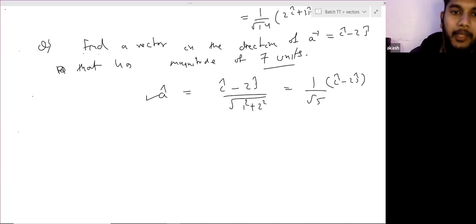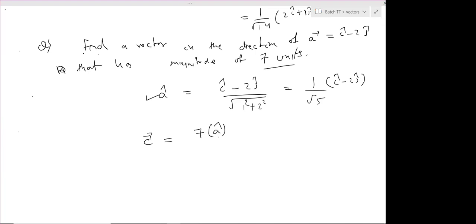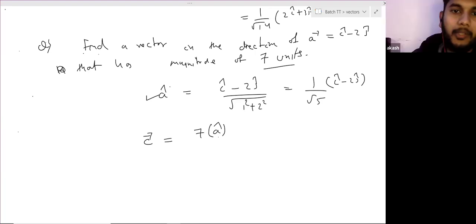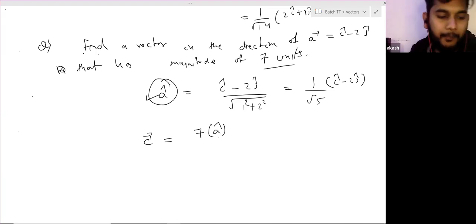Right? So we can say C vector is 7 times A cap because A cap has magnitude of 1. Yes or no? This thing is clear, everyone? See, what is the magnitude of A cap?